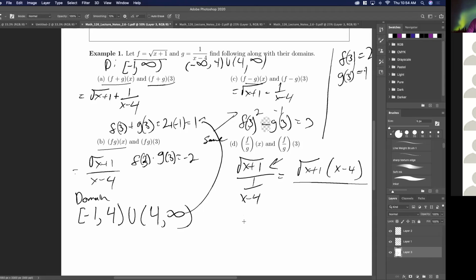So the domain is technically the same, because at no point can this equal 0. It's technically the same, even though once you simplify it down, it looks not the same. Don't worry too much about the domain on this one. It's just something it's good to know, but I won't test you on it currently.